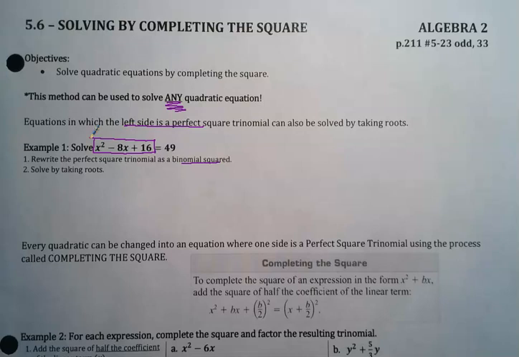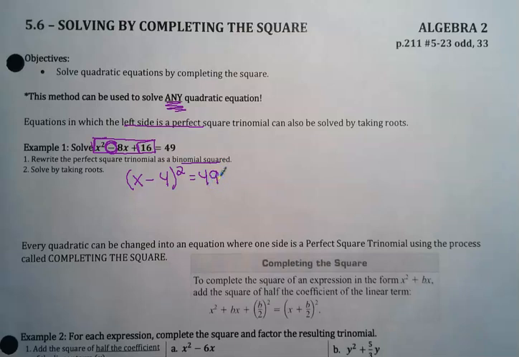So this is a perfect square, and it's subtraction. If we write this as a perfect square trinomial, the square root of x squared is x. The square root of 16 is 4, and it's subtraction, so it's x minus 4 squared equals 49.